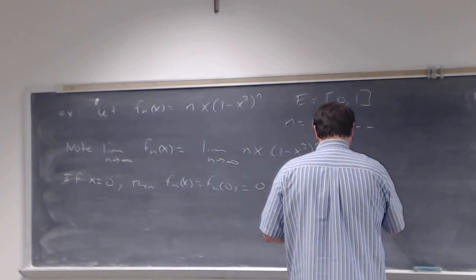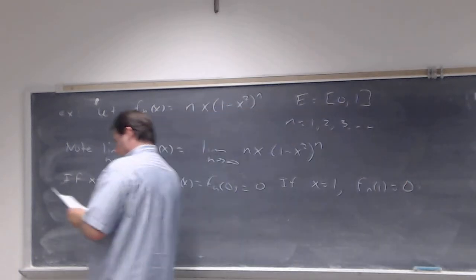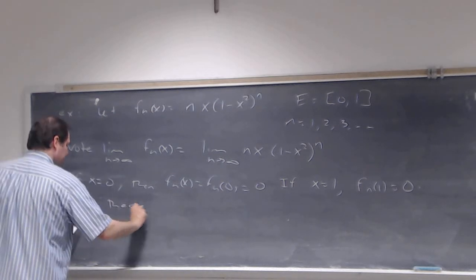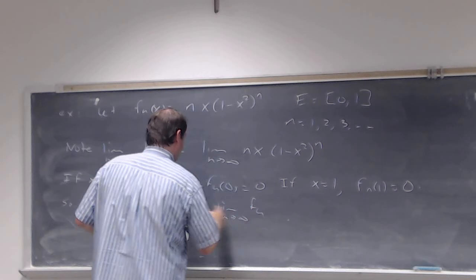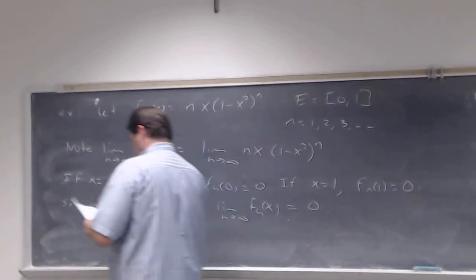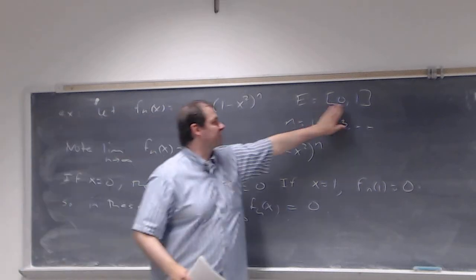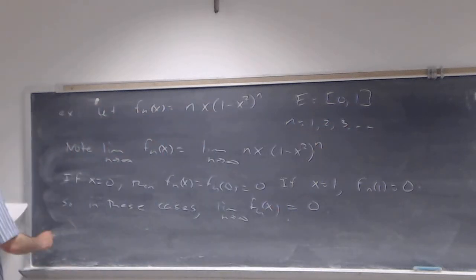So f sub n of 1 is equal to 0. So in these cases, the limit as n goes to infinity of f sub n of x, when x is equal to 0 or 1, we get 0. Okay, so those are the endpoints of the domain of the f sub n's.